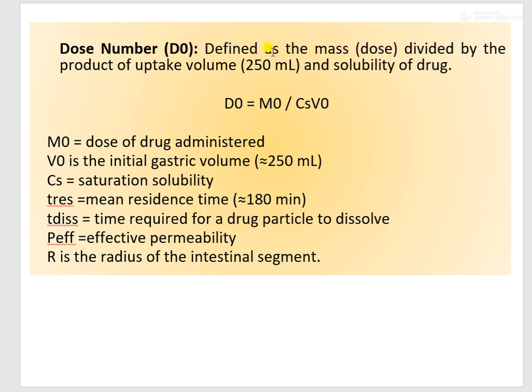It is defined as mass or dose divided by the product of uptake volume and solubility of the drug. So D0 is equal to M0 divided by CS times V0, where M0 is the dose of that drug, CS is the solubility of the drug, and V0 is the uptake volume.